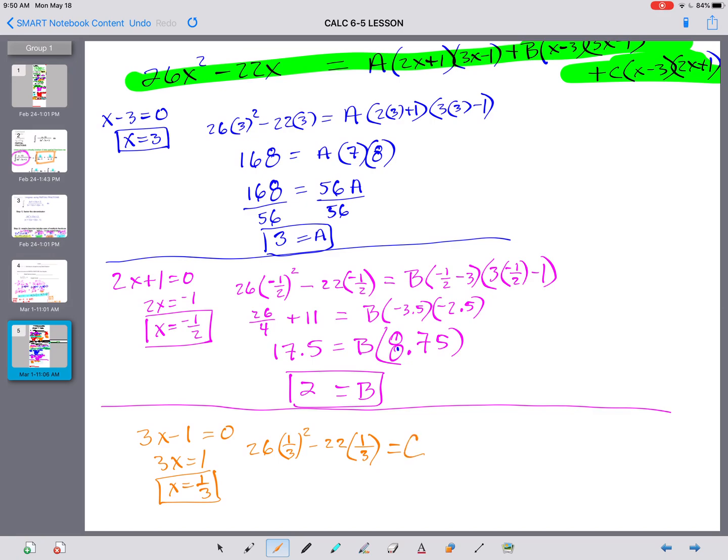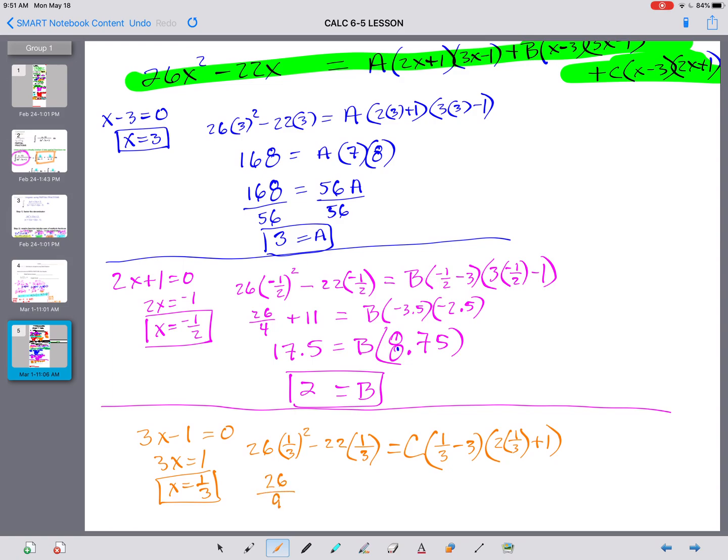We've got C times (1/3 minus 3) times (2 times 1/3 plus 1).